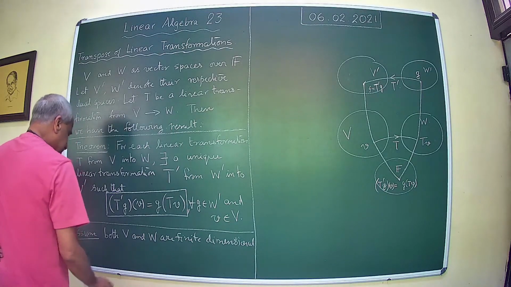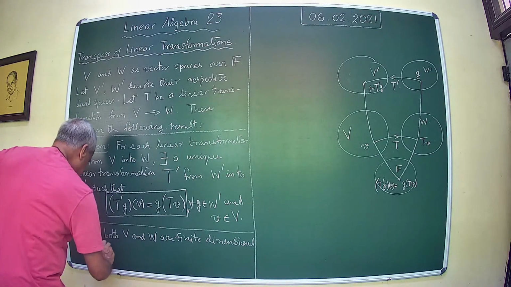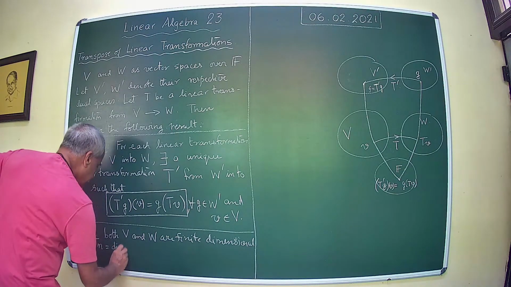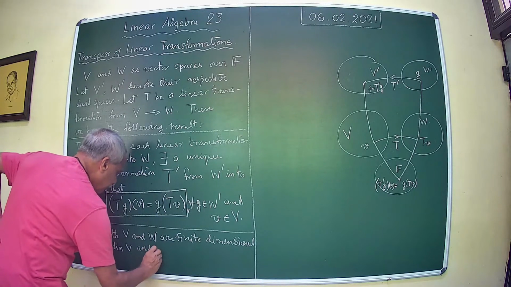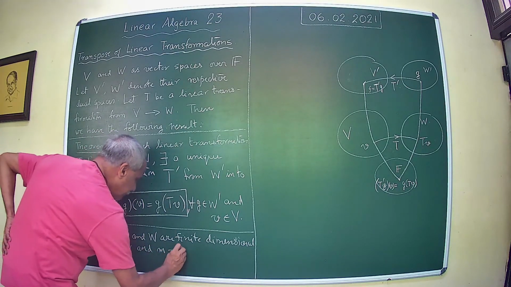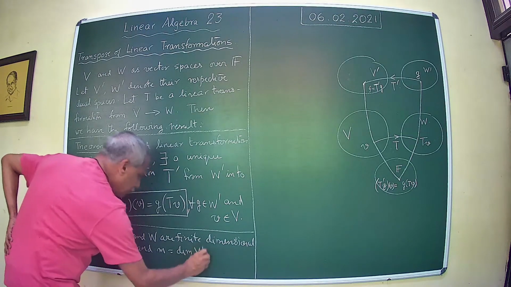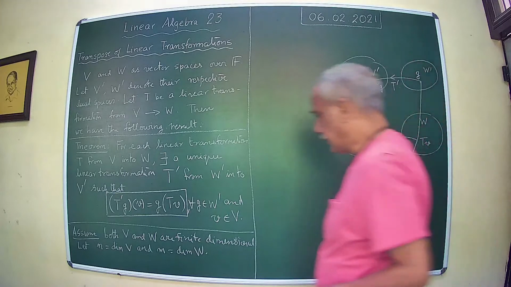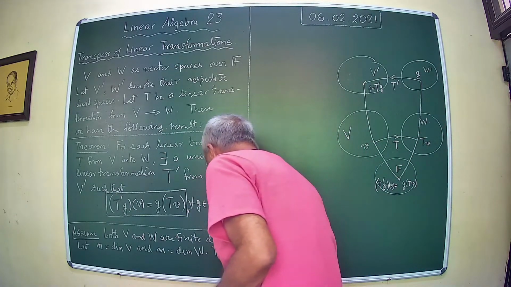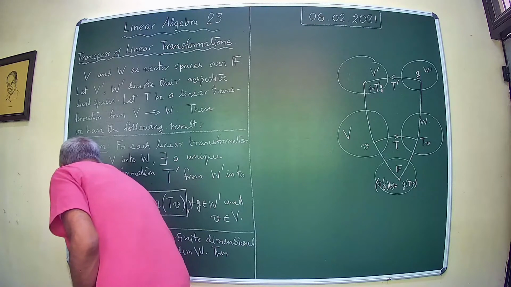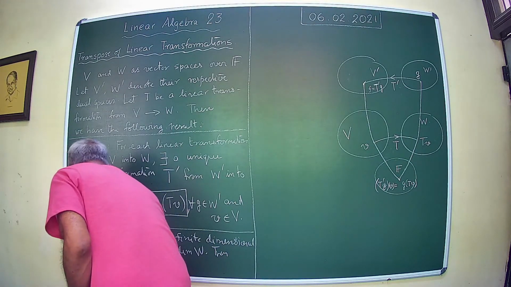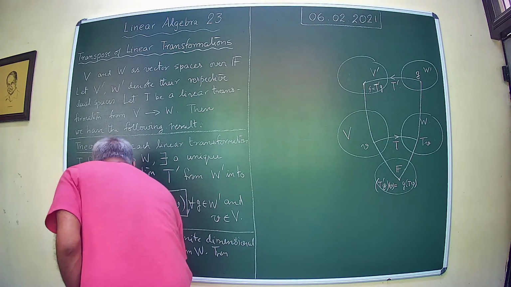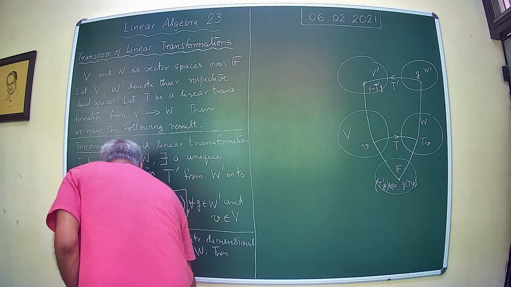We take n to be the dimension of V and m to be the dimension of W. Then the dimension of V prime equals n, and the dimension of W prime equals m.